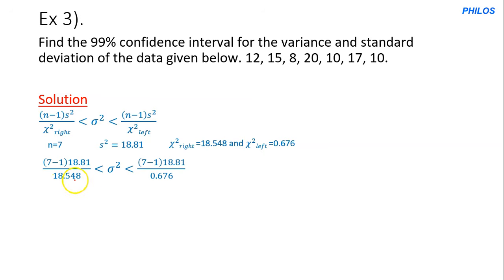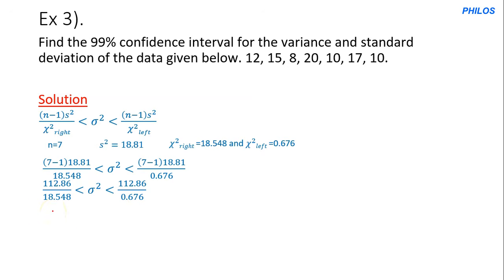Divided by 18.548, less than population variance, less than 7 minus 1 multiplied by 18.81 divided by 0.676. So 7 minus 1 is 6. 6 times 18.81 to 2 decimal places, you get 112.86. So we are going to have 112.86 divided by 18.548 less than population variance less than 112.86 divided by 0.676.